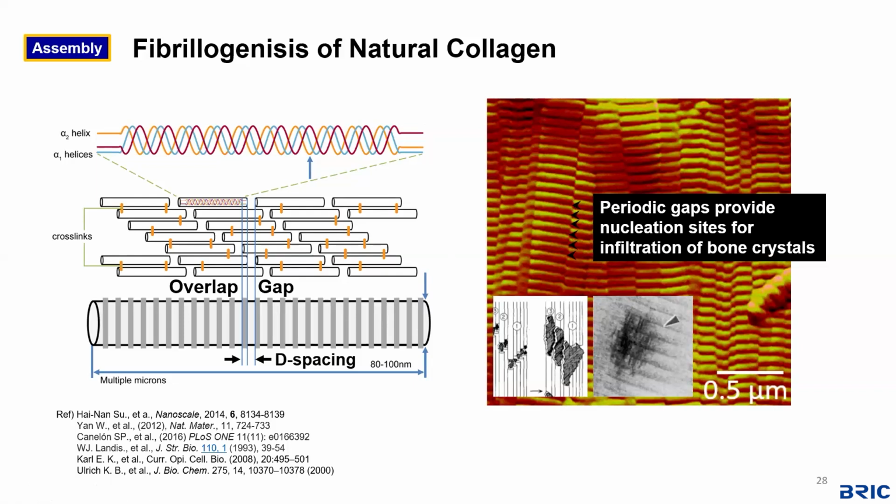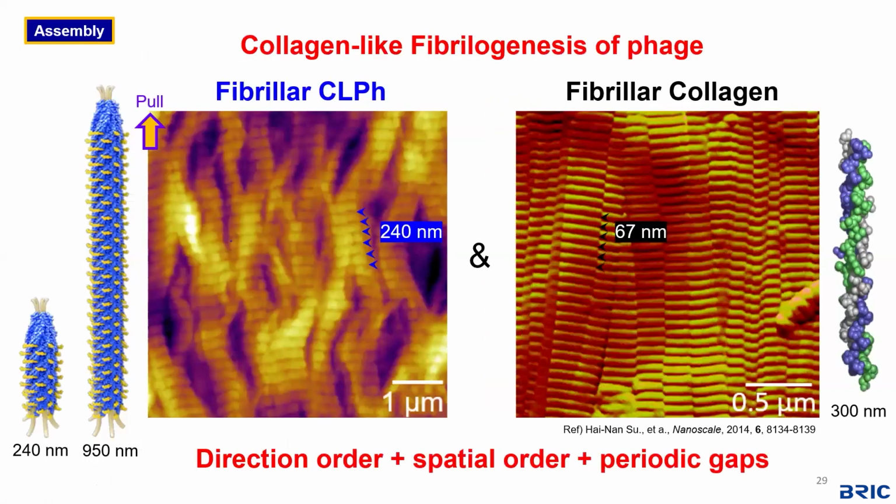And this periodic gap is important as it provides the nucleation site for the infiltration of the bone crystals. That means on these fibrils, the bone crystals can grow from these gap regions and make this composite along the fibrils.